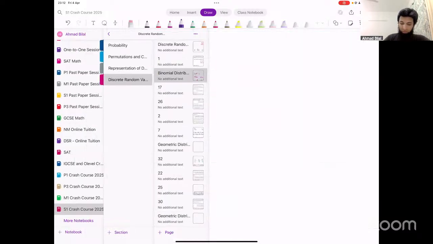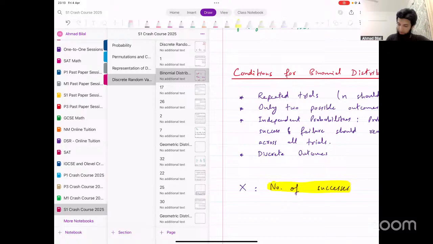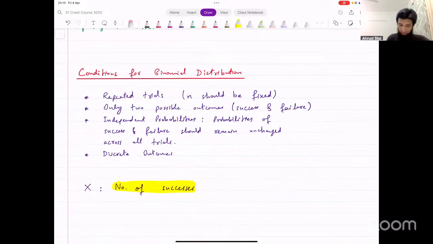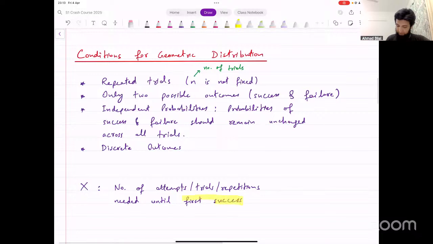So in binomial, you were talking about number of successes. This is important. In binomial, you're talking about number of successes. In geometric, you're talking about first success. Number of trials needed until first success. Number of attempts until first success.